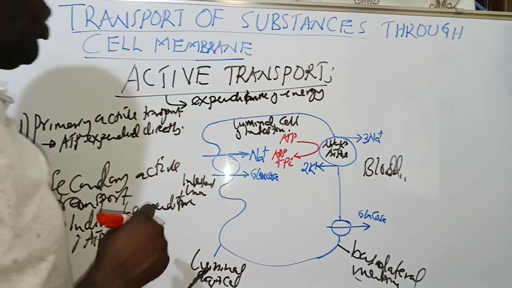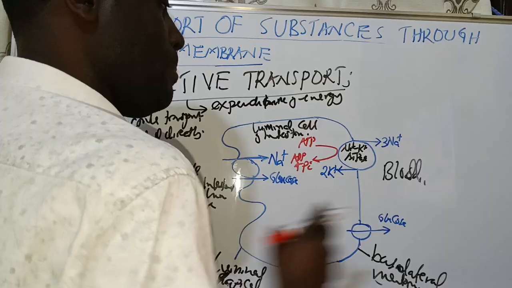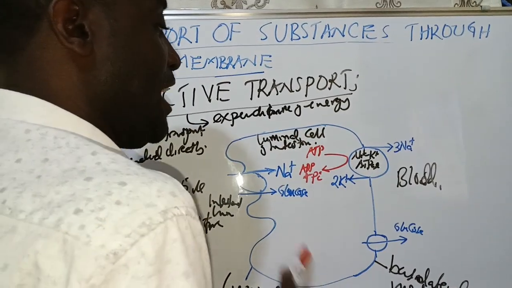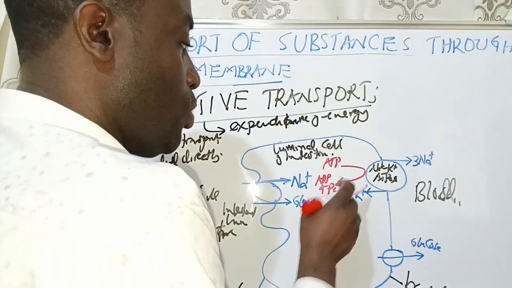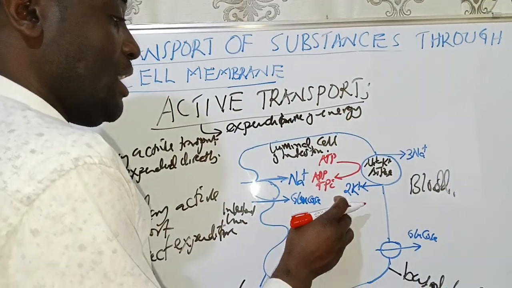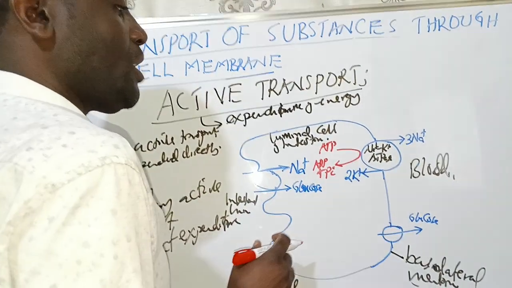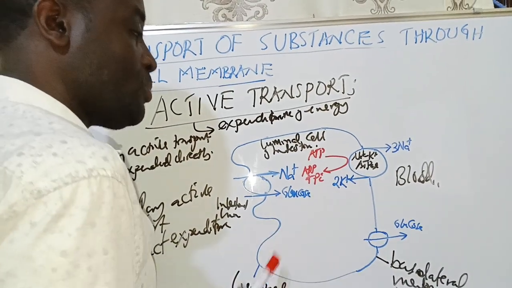But now look, as the sodium ions are taken outside by expenditure of energy, it means sodium ions are increasingly made less inside here. Their molar concentration inside the cytoplasm of this luminal cell is greatly reduced. Potassium is increased greatly, but sodium drops down.